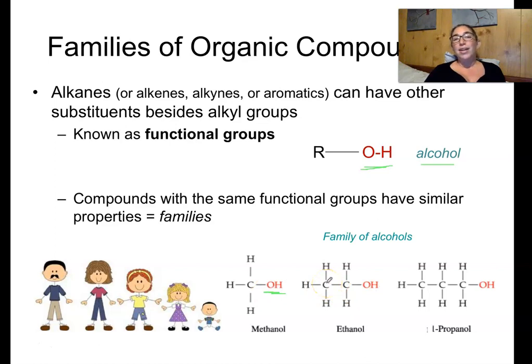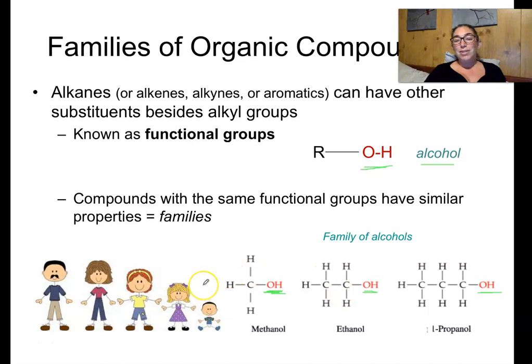Alkanes are kind of boring. They don't do a lot of stuff, carbons and hydrogens, but OH groups are very polar, and they get into some trouble and like to react with things. So any molecule that has an OH, alcohol groups like to engage in certain specific chemical reactions.